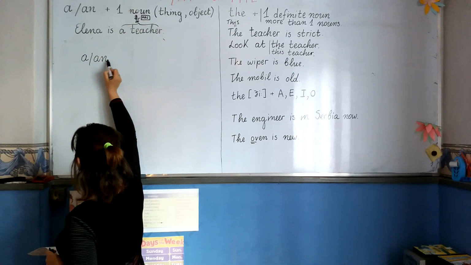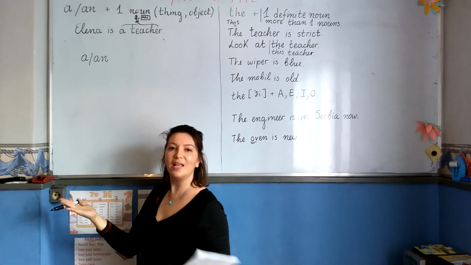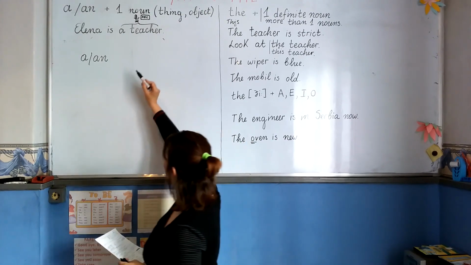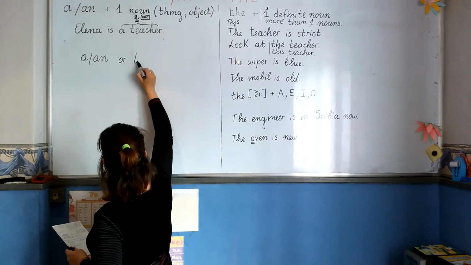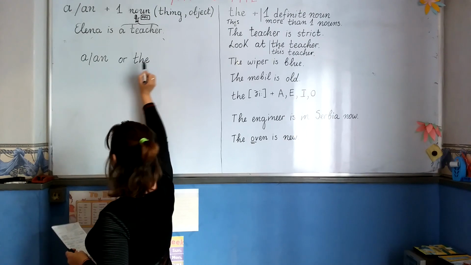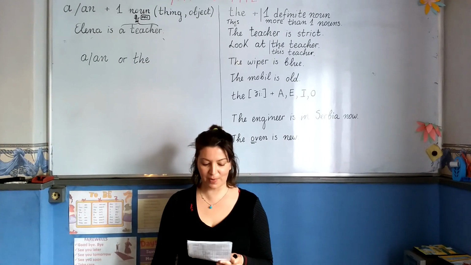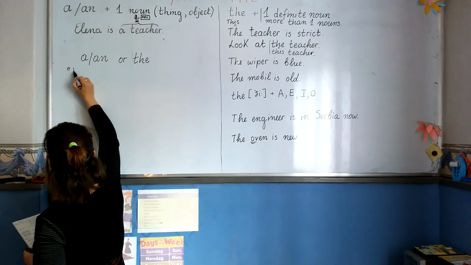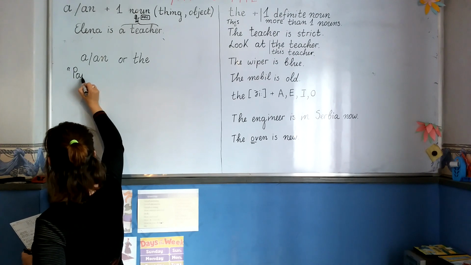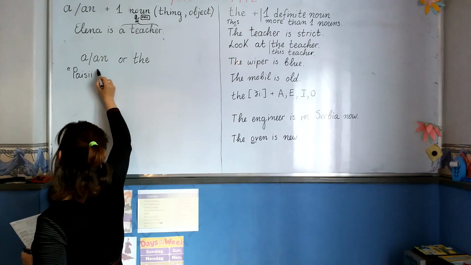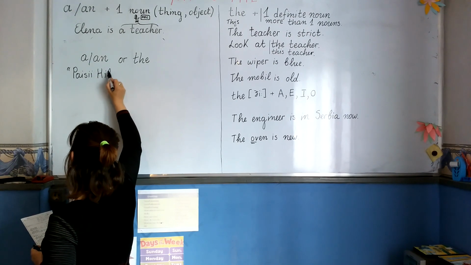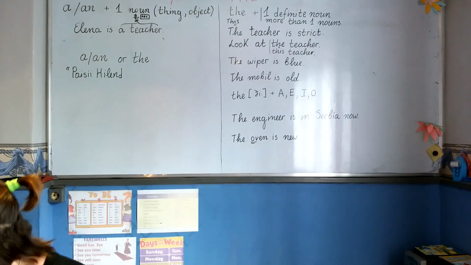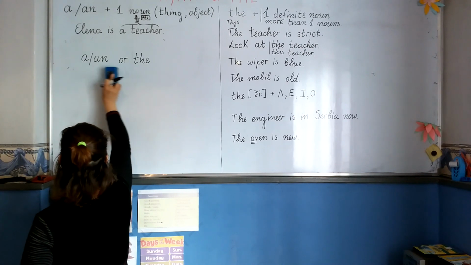Where you have to choose between the indefinite article, any teacher, a teacher, or the definite article, this teacher. Right. Good. Sorry, not this one. I'm going to give you another example.